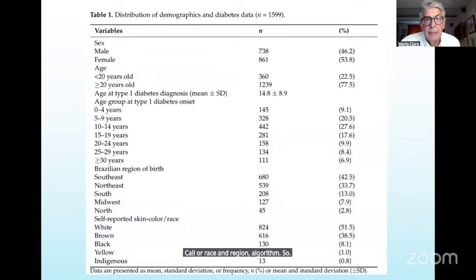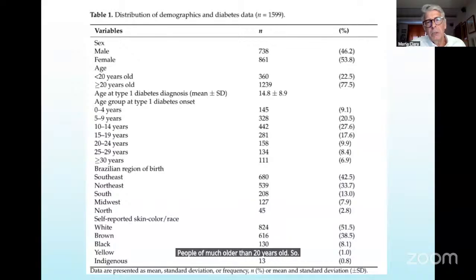So we had almost the same number of male and female people, much older than 20 years old.